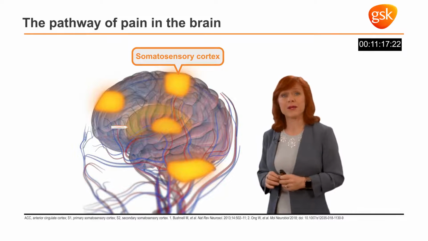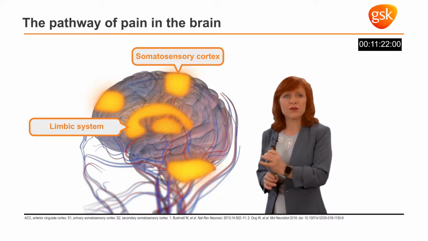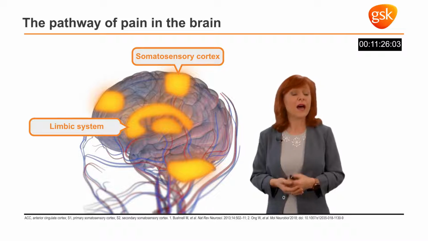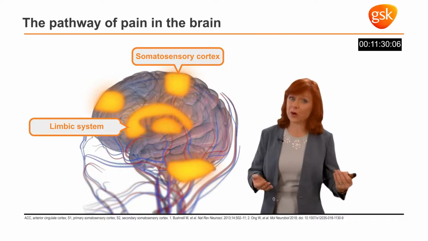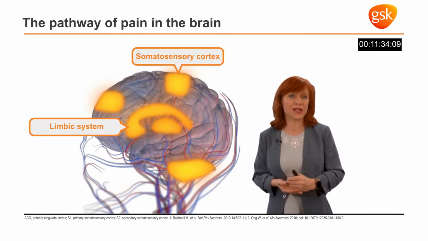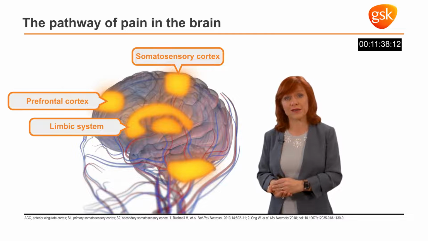The limbic system, specifically the ACC and the insula, those bits are most important for encoding the emotional, the motivational aspects of pain. And then finally, when it comes to the link between pain and depression, anxiety, and indeed even loss of cognition, this is where the prefrontal cortex is king.